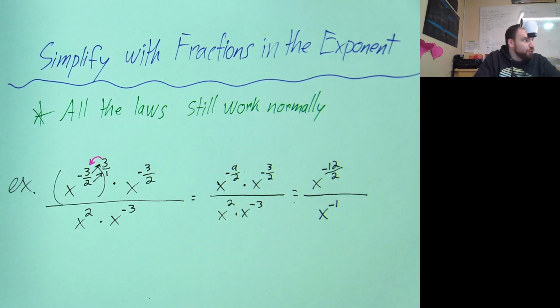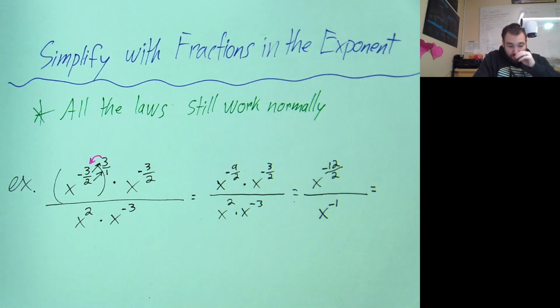So you can see here the rules aren't changing. We just have to make sure that we're dealing with the fractions properly. So what can I do next? You want to flip them? Because I've got a negative exponent in the denominator and a negative exponent in the numerator. Is there something I can do, kind of in the same step, just to make my life a little easier?